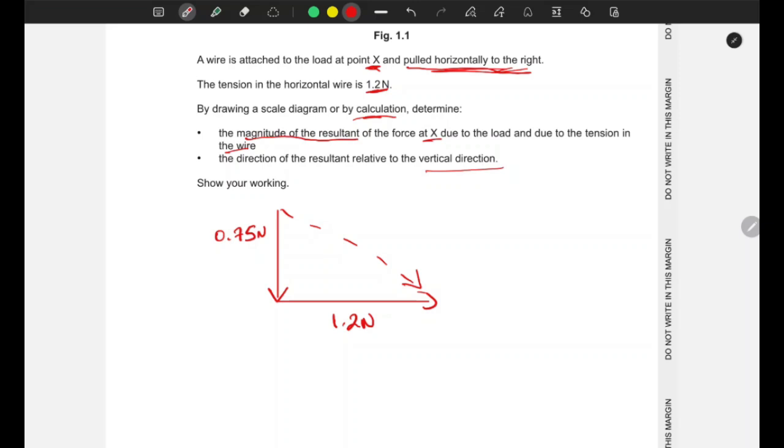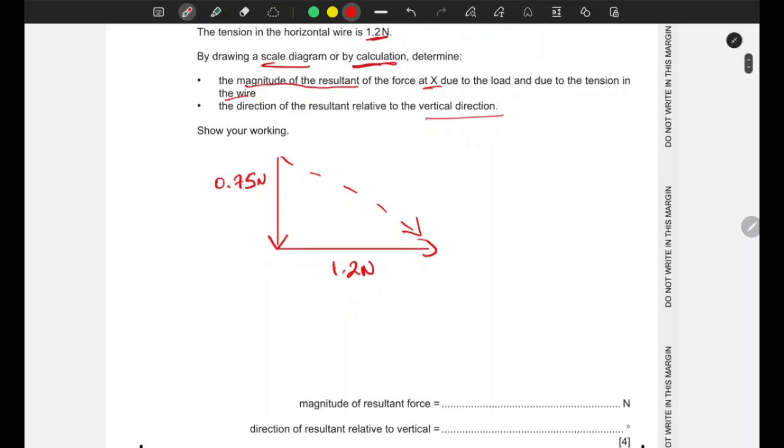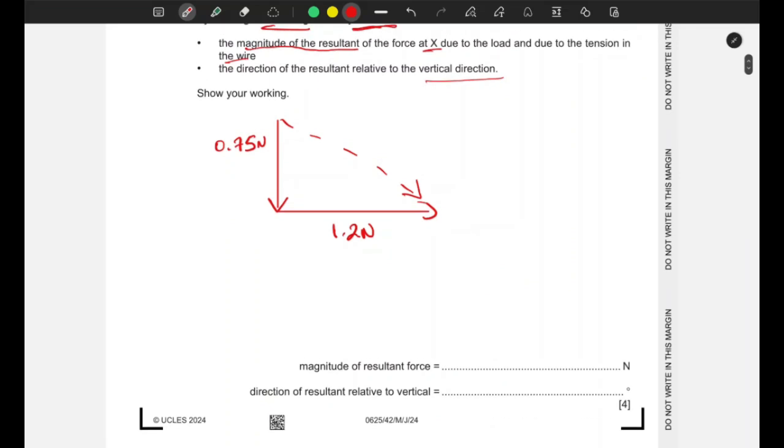They told us we can draw a scale diagram or do a calculation. I'll do a calculation because that could be faster. What we use is Pythagoras' theorem. So 0.75 squared plus 1.2 squared gives us, let's call this one r, r squared.